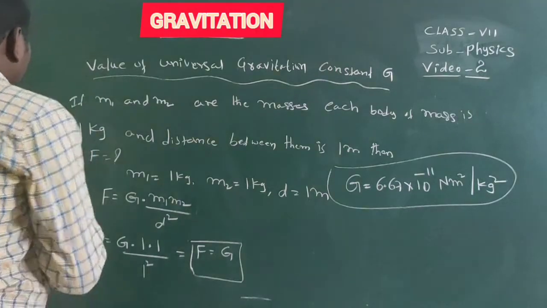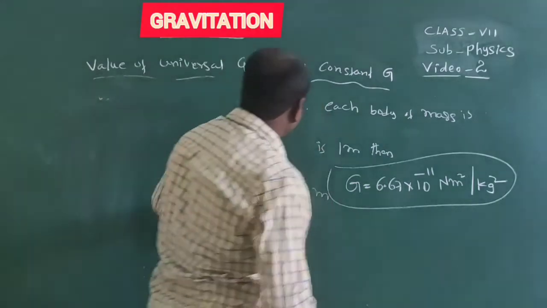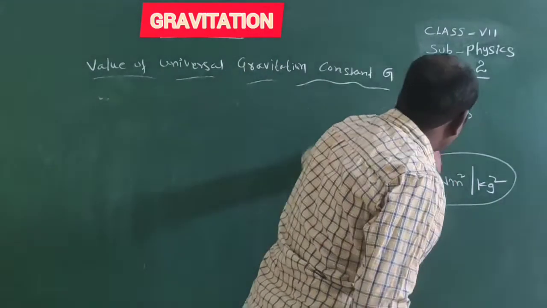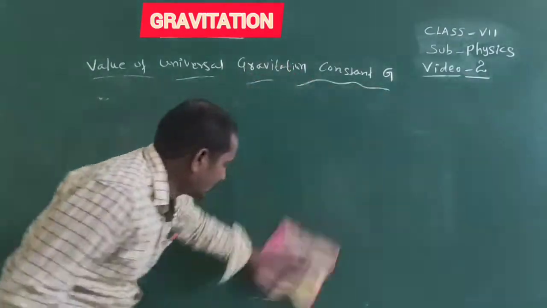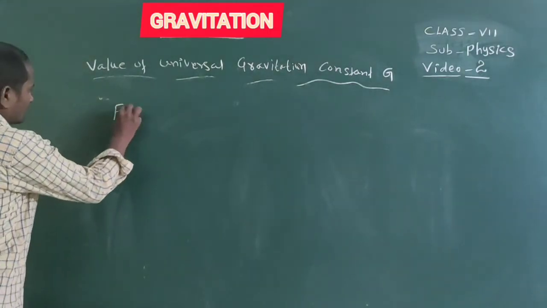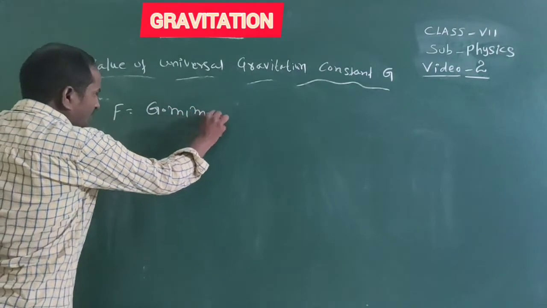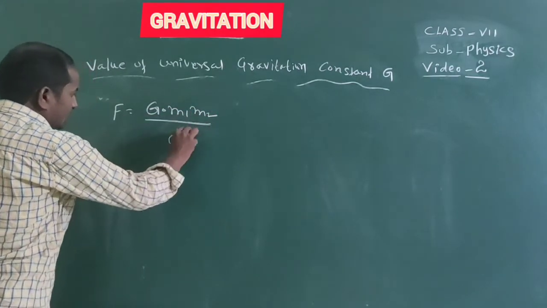Next, the universal gravitational constant. F equal to G into M1 M2 by d square.